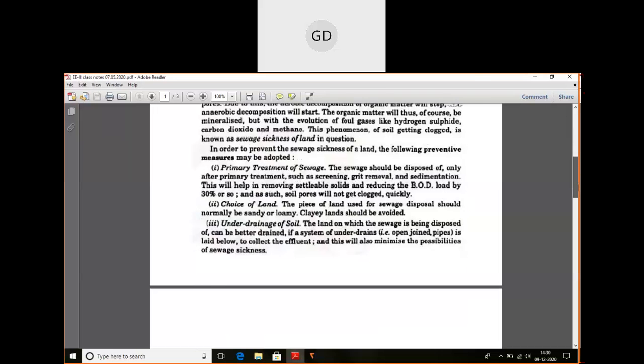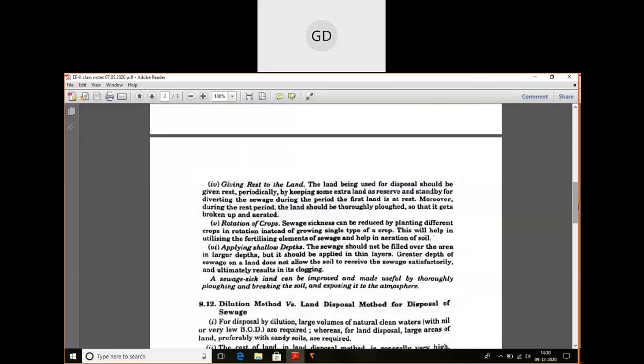Number four is giving rest to the land. What is giving rest to the land? The land that is being used for the disposal of sewage should be given rest periodically, by keeping some extra land as reserve and standby for diverting the sewage during the period the first land is at rest.